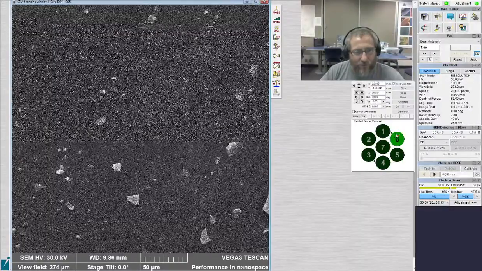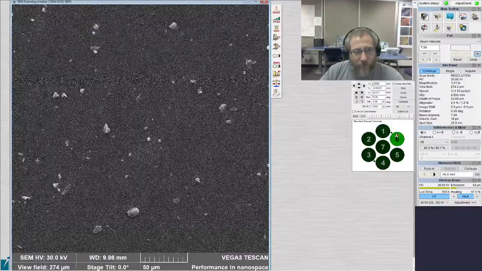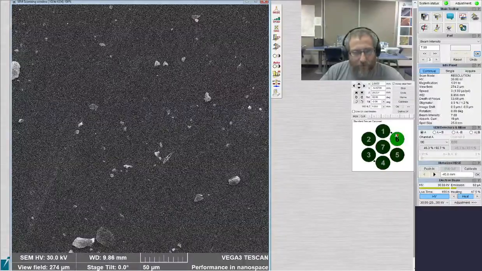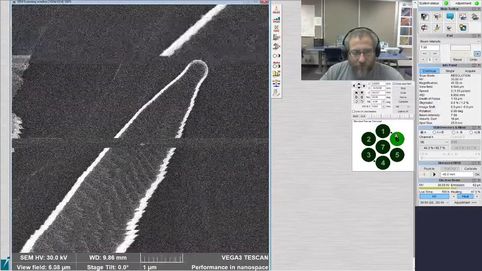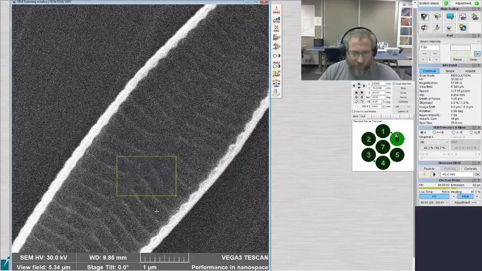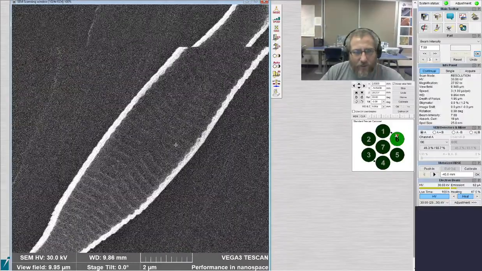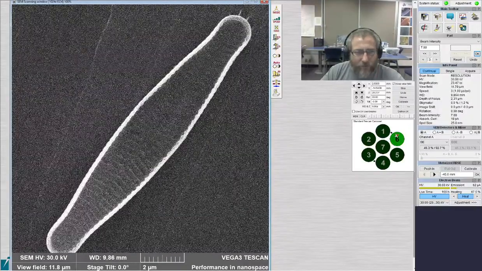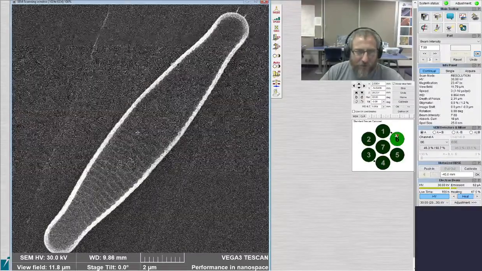So, pretty cool. Oh, there's a diatom we haven't seen yet. Some little Anthidium-like thing with spines.